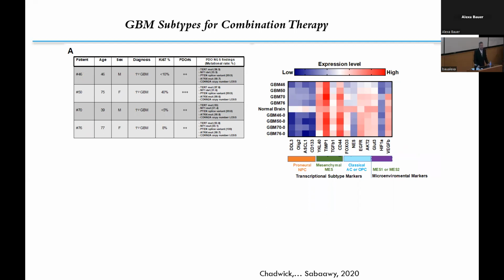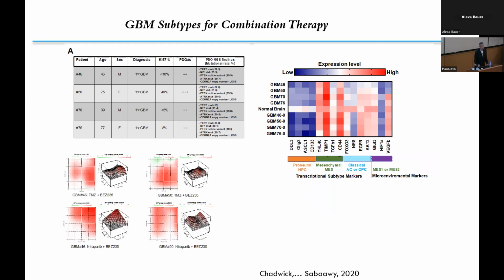We show that the transcription signature and the organoids represent these patients. There are microenvironmental markers represented in the transcription signature, but more importantly, we could use the organoid models to develop combination therapy, which is immensely needed for glioblastoma.